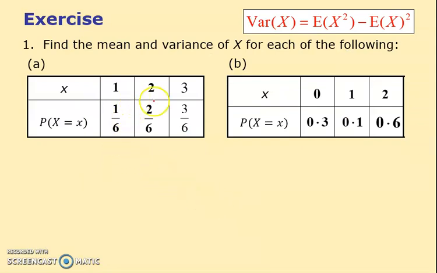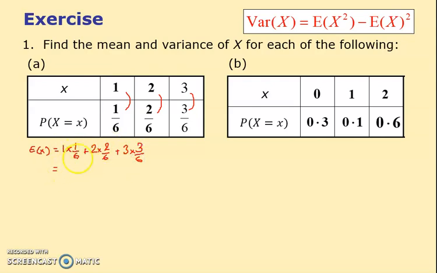So I've got, well, this one I'm going to have to do as fractions. So E of x equals, just times them together. So it's 1 times a sixth plus 2 times 2 sixths plus 3 times 3 sixths. I obviously didn't want to make the numbers too hard when I did this PowerPoint.